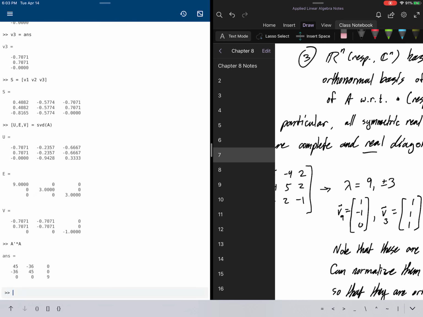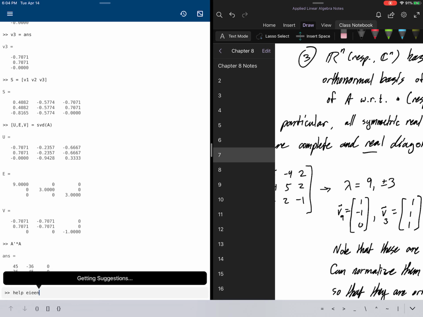I effectively just computed a diagonalization for A transpose times A. So this matrix. Why? I'll show you in a little bit. But either way, this is a way that you can go ahead and compute eigenvectors and eigenvalues in MATLAB.